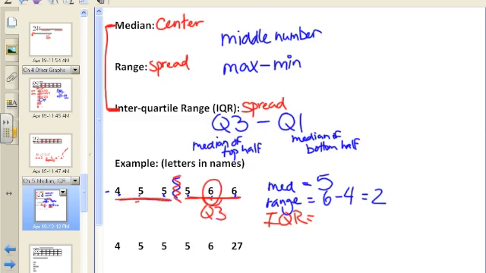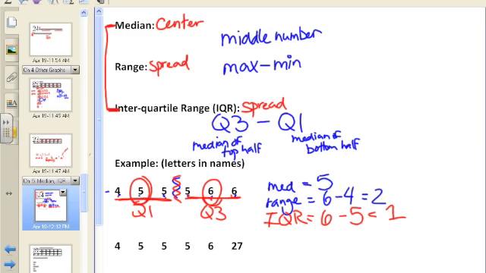On the bottom half here, you notice I have 4, 5, 5. I'm going to find the middle number. That's my Q1. So kind of can think of it that I'm splitting my data into 4 pieces. All right, so for my IQR, I'm going to take Q3 minus Q1. 6 minus 5 is 1, so my IQR is 1.